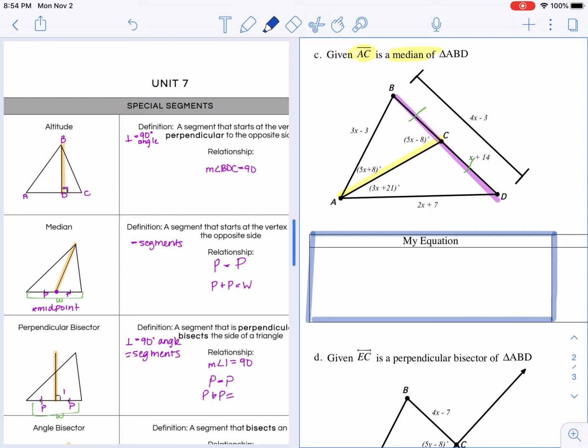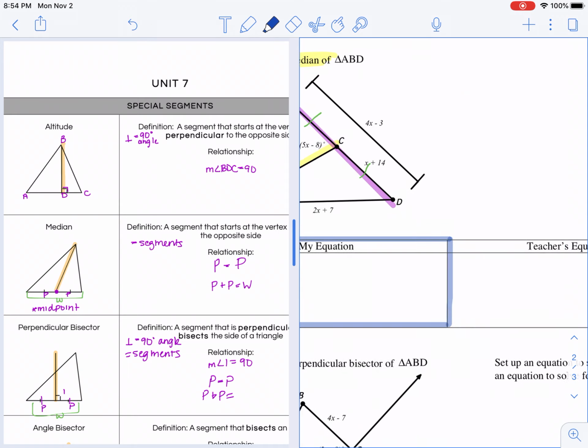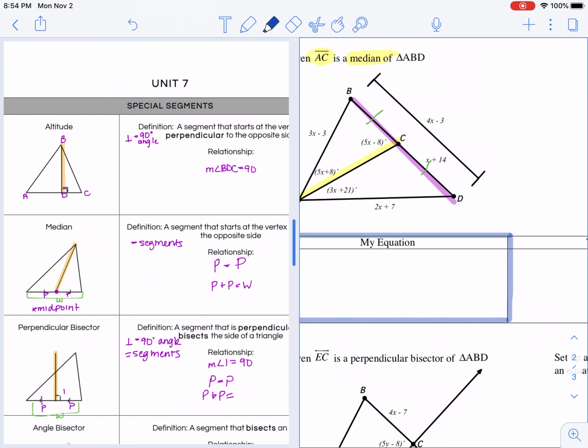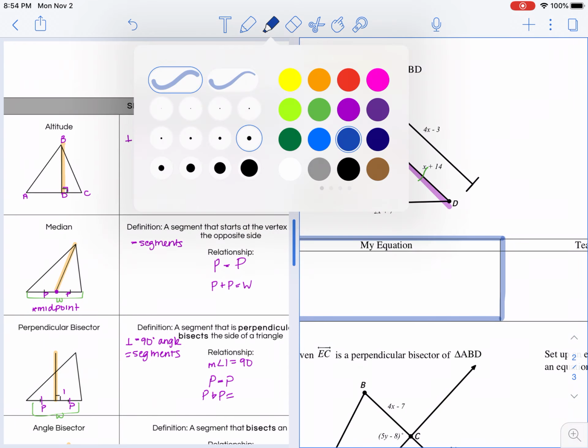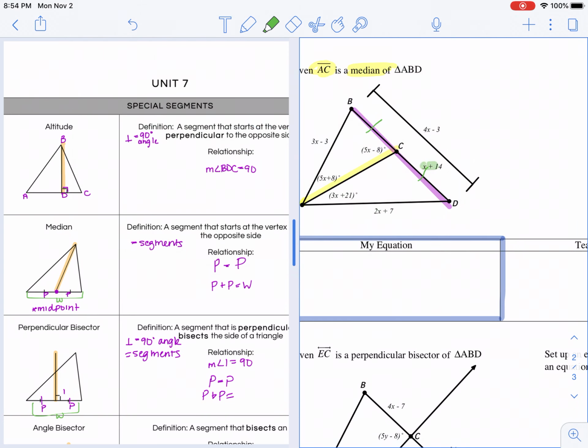All right, guys, so now that you have your equation down in the my equation box, I'm going to show you the equation that we're going to set up. So when I look at the important quantities, I have this part here, that's your distance from C to D, and I have the whole here. So I'm given a part and I'm given a whole.